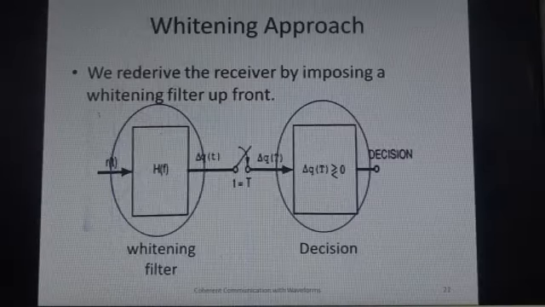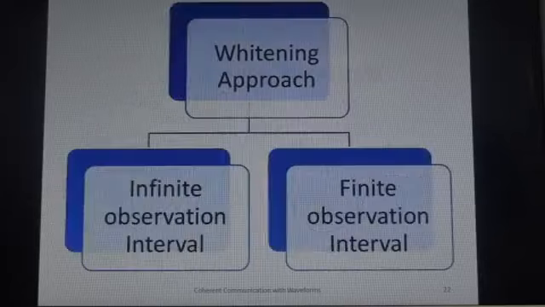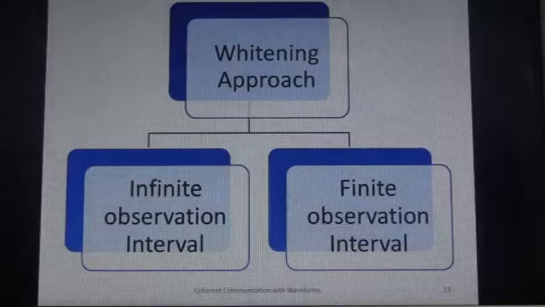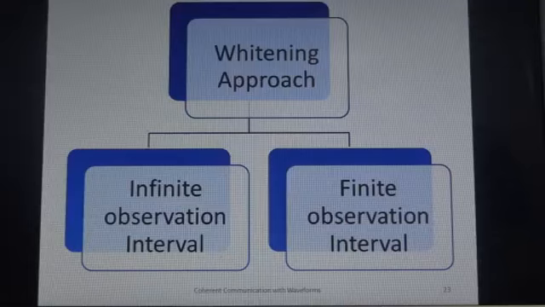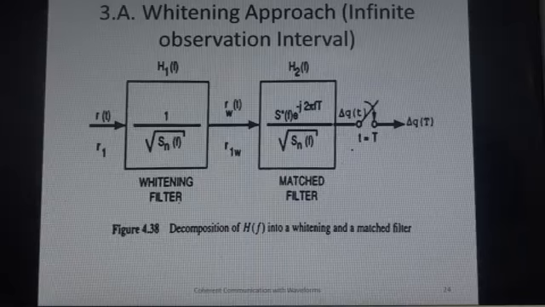Next is the whitening approach. In the whitening approach, we rederive the receiver by imposing a whitening filter upfront, that is, first the whitening filter and then the receiver algorithm. The whitening approach has two types: infinite observation interval and finite observation interval. In the infinite observation interval, we have two parts: first a whitening filter and then a matched filter.